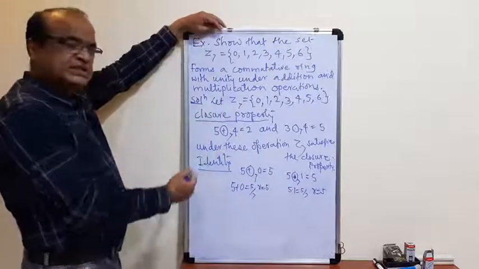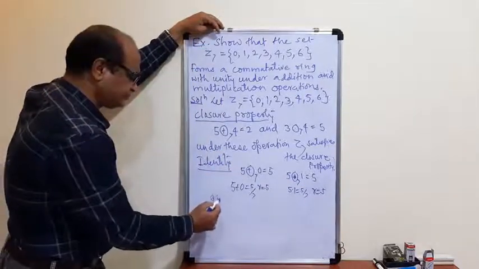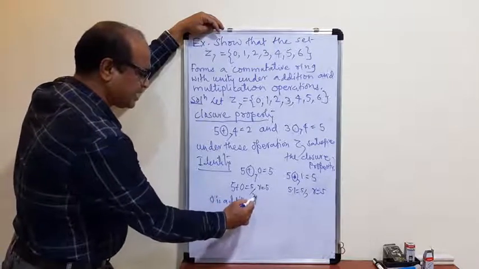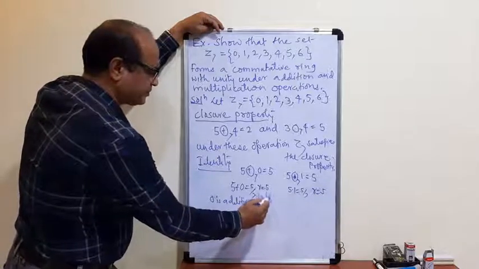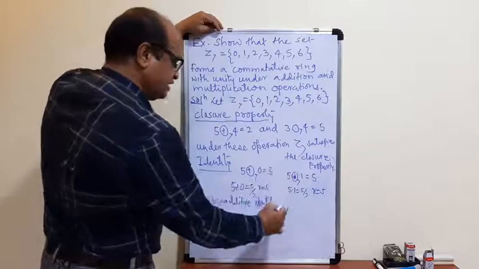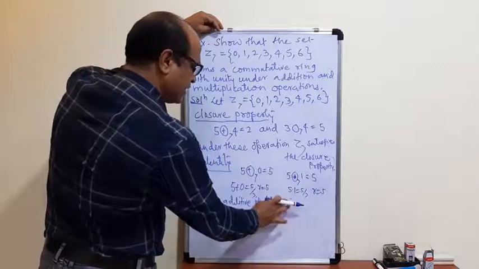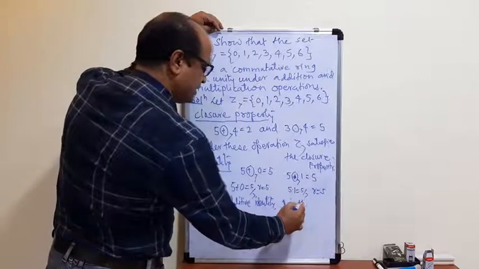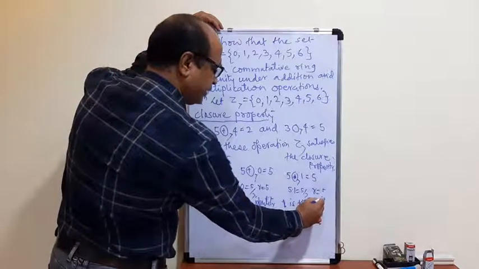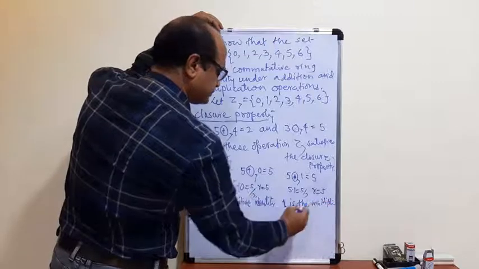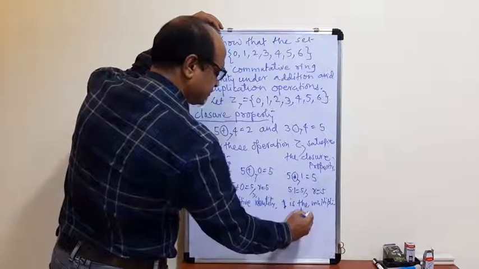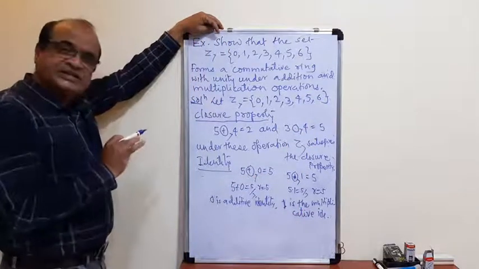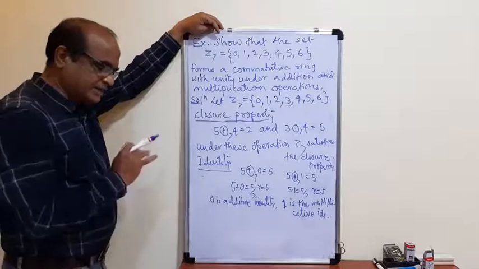So here 0 is the additive identity, and 1 is the multiplicative identity. So the identity exists in this set.